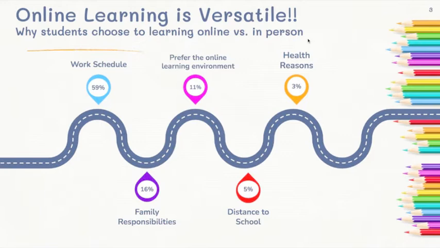Some students, even at a grad school or regular bachelor's level, have family responsibilities already, and they are looking to be able to balance both, and a really nice way to do that would be online learning. Some students just prefer that online learning environment.